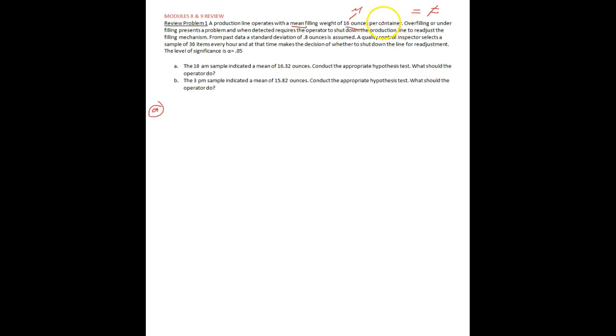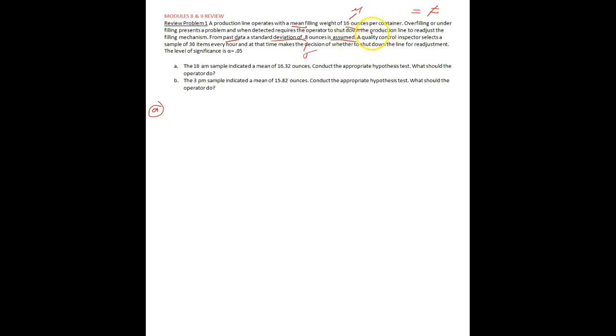Okay, readjust, blah, blah, blah. From past data, a standard deviation of 0.8 ounces is assumed. From past data, okay, is assumed. That suggests that this standard deviation of 0.8 is a sigma, not an S. The word assumed is an important word.